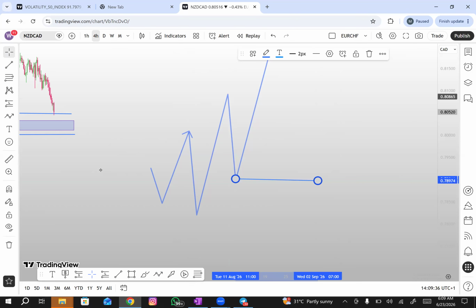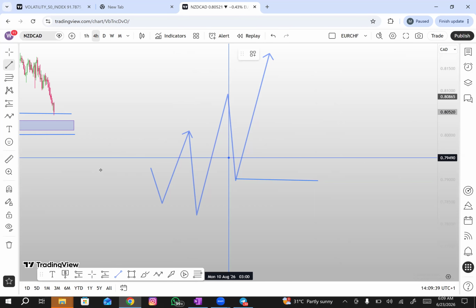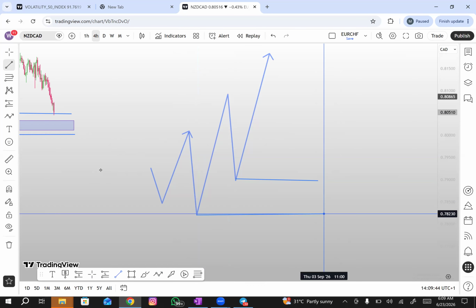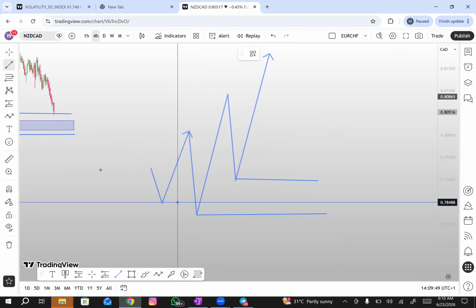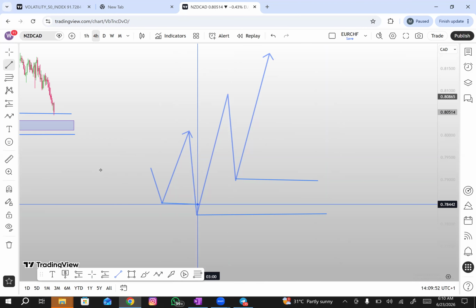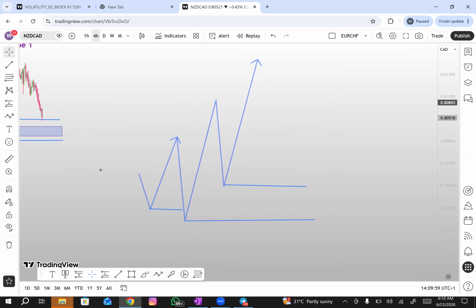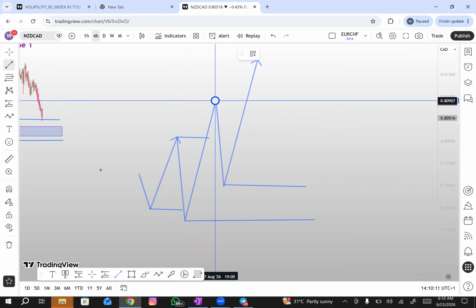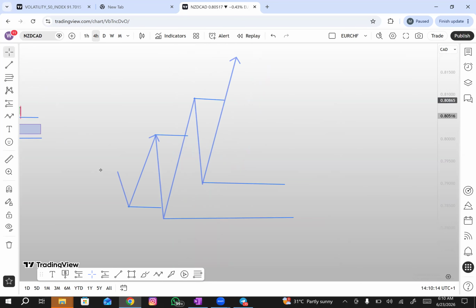I taught you already how to validate structural liquidity, and this is our main low. And then this is our sweep. Please always ensure that your sweep is not very far, otherwise it is not a sweep. Don't forget. And then this is our first break of structure, and then we have a second break of structure. This is type 1.